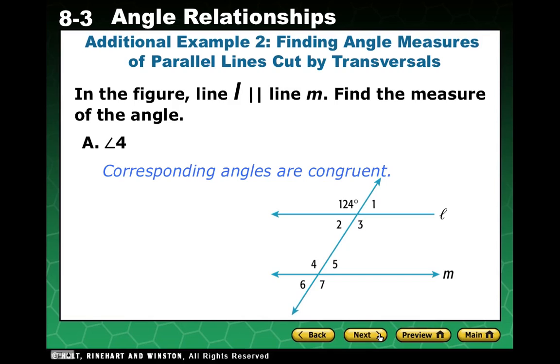So angle 1 matches up, it's in the same position, top right, as angle 5. Angle 3 and angle 7 are in the same position, they are corresponding. Angle 2 and angle 6 are in the same position, they are corresponding. And angle 4 and that 124-degree angle, those are corresponding, so they are congruent. So this means that angle 4 is 124 degrees.